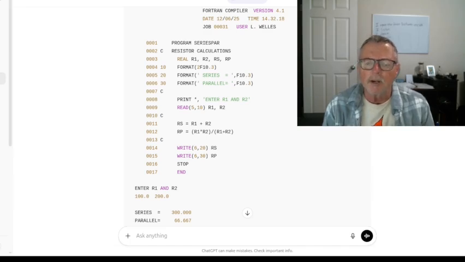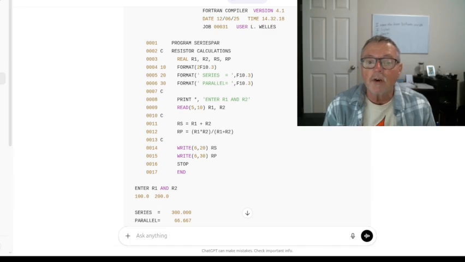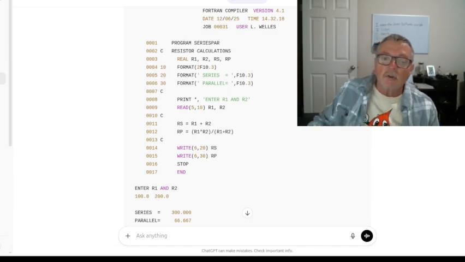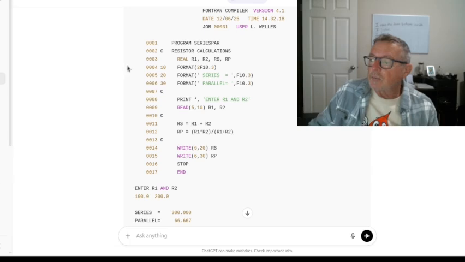This Fortran program that was reproduced by AI is very similar to one that I did, a program to calculate series and parallel calculations. So let's kind of walk through this little window here and see what we can find. Here's the program name, SERIESPAR, which is like parallel. And here's a comment, resistor calculations.